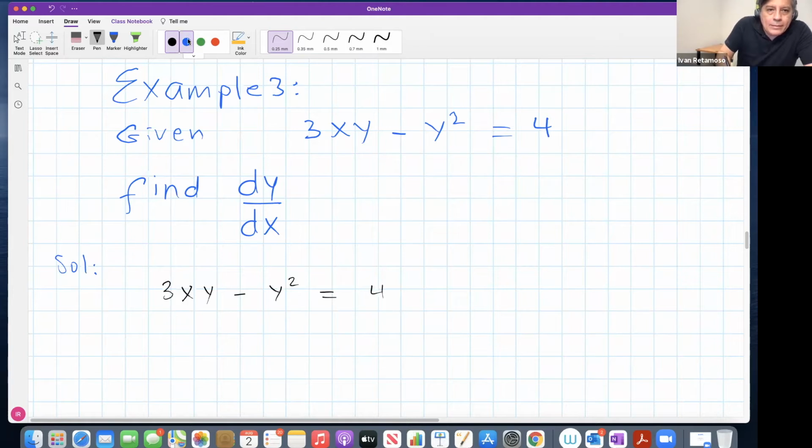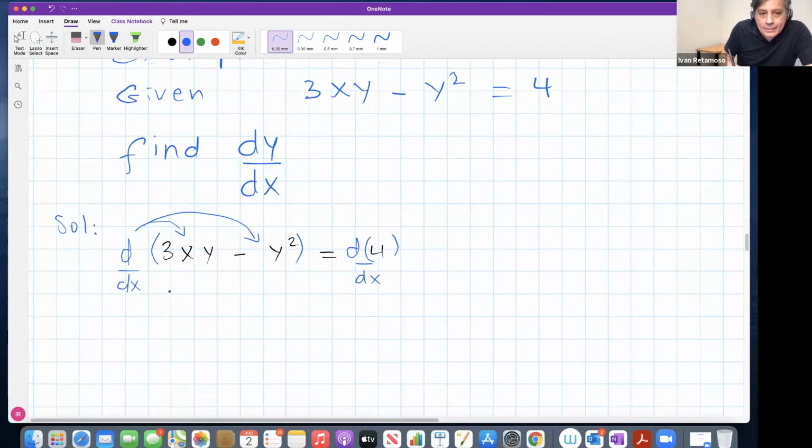And as usual, start by taking derivatives on both sides of the equation, derivative with respect to x here, derivative with respect to x here. Next, follow your differentiation rules. Distribute your derivative over the sum or the difference. In this case, we have a difference, so we have to do this.